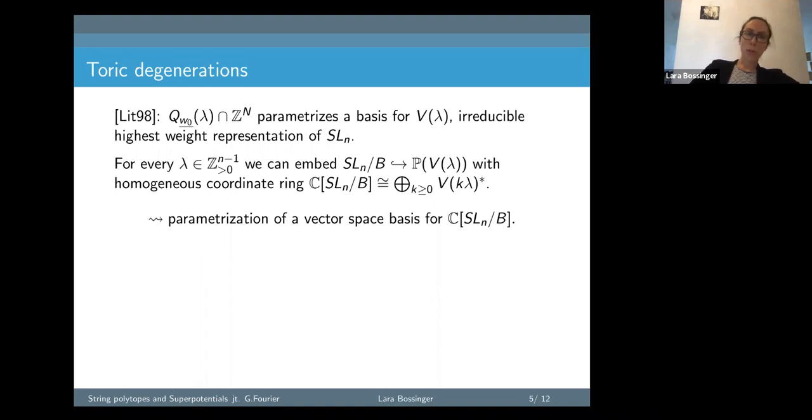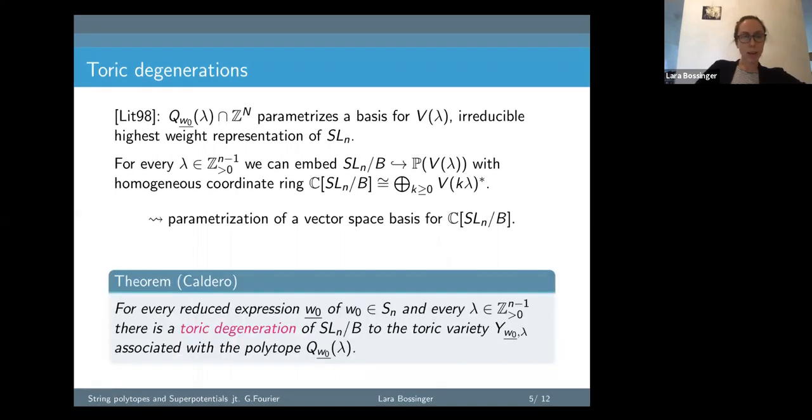So the string polytopes, moreover, parameterize a vector space basis of my homogeneous coordinate ring here. And this is exactly the philosophy to have in mind, which was then used by Caldero to construct toric degenerations of the flag variety SL_N mod B to the toric variety that is associated with the string polytope.